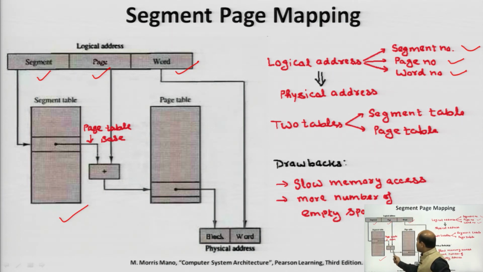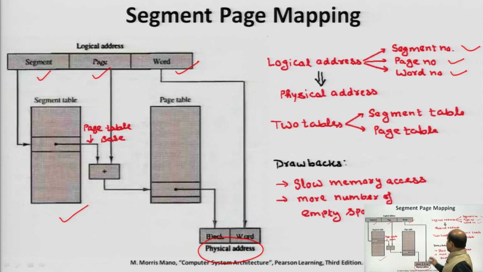So an addition operation is performed. This gives you the offset or base value of the page table. This base value gives you the exact page number, and from this page table we get the block number, and that block number is concatenated with the word number or line number to get the exact physical address. This way we perform the segmented page mapping scheme.